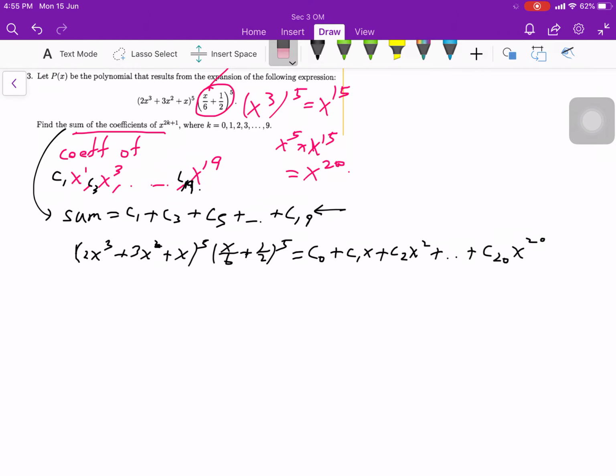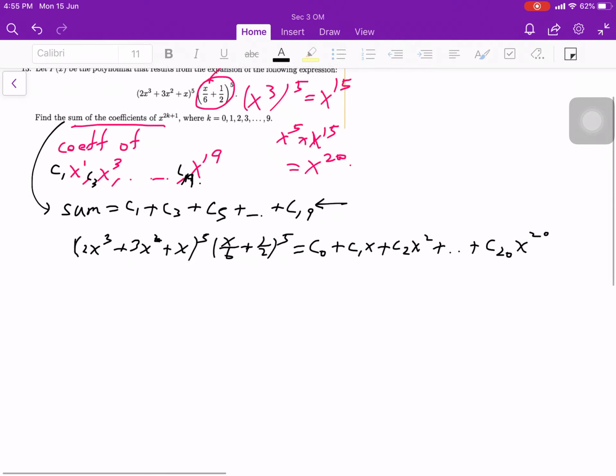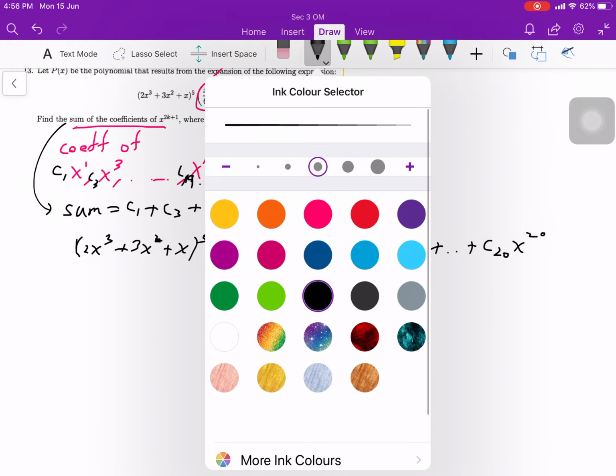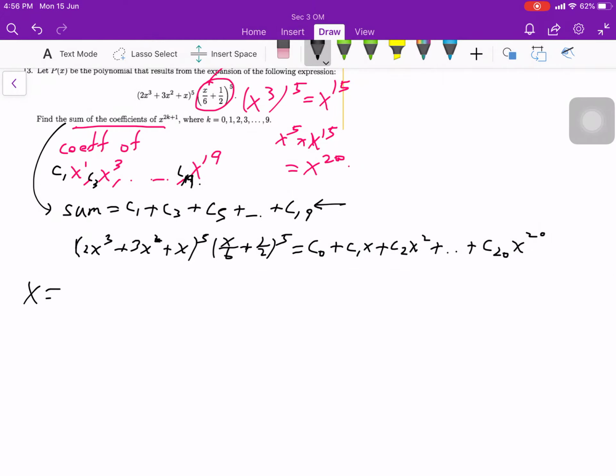Reason, can you see that? Let me make a substitution. Can I let x equal to 1? That will make the whole thing very easy. Therefore, this is (2 times 1 to the power of 3 plus 3 times 1 squared and then plus 1) raised to the power of 5, right?